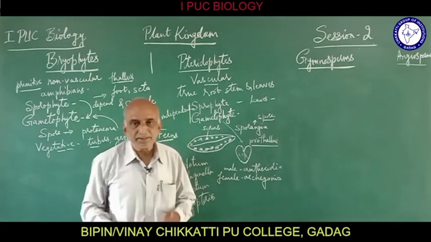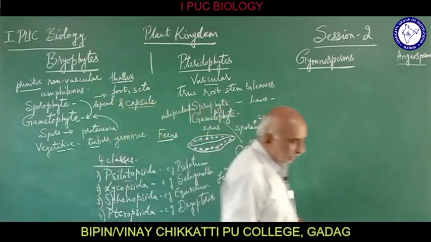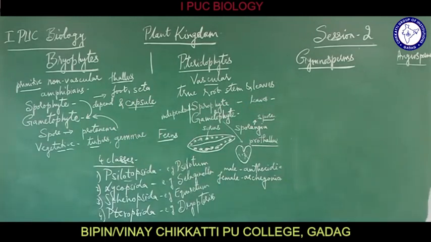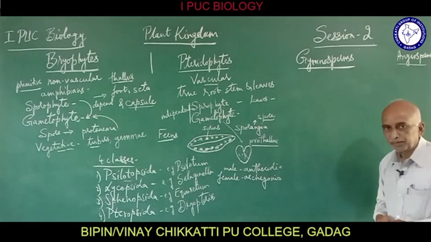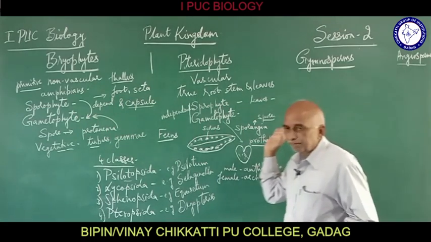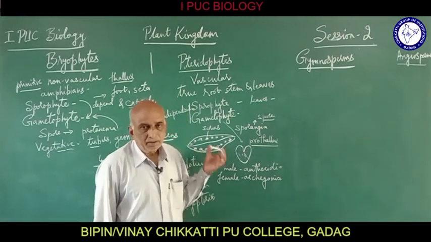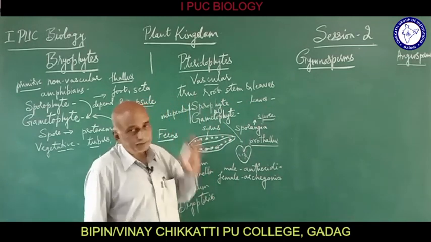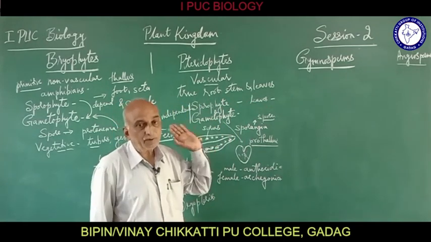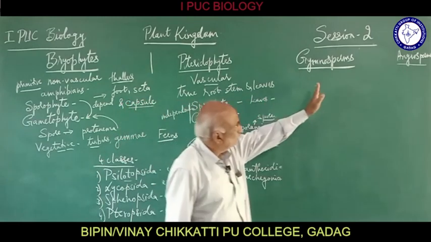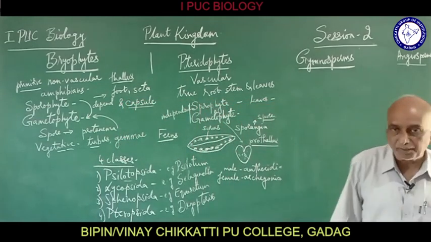These gymnosperms and angiosperms are developed when we compare them to the pteridophytes. All these 3 groups are vascular plants. But the pteridophytes are primitive, non-flowering plants. Gymnosperms and angiosperms are developed.